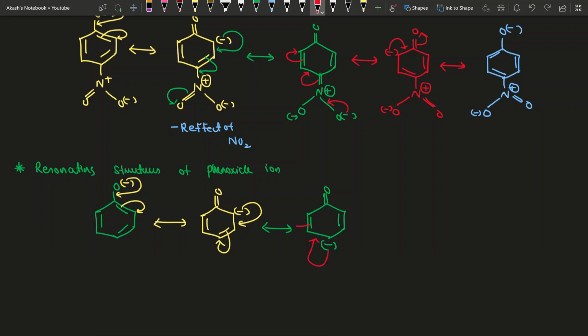Next step, the negative charge shifts, a bond is formed, and the other bond will shift to the corresponding carbon.